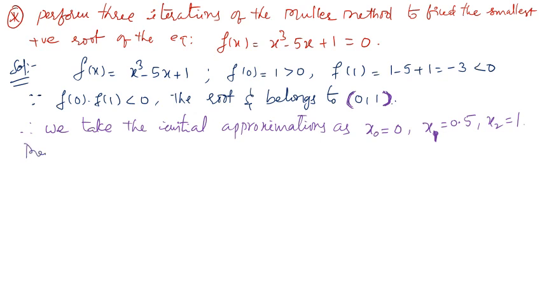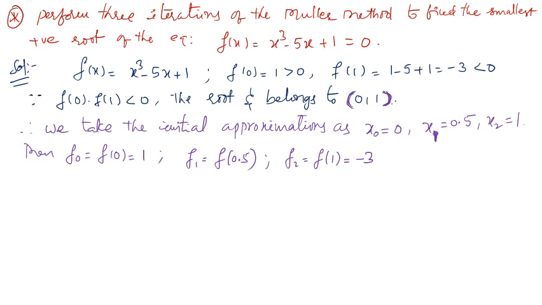Then what is f0? F0 means f of x0, this is 1. And what is f1? F1 means f of x1, x1 means 0.5. Next, f2 means f of x2, x2 value 1, this value is negative 3.